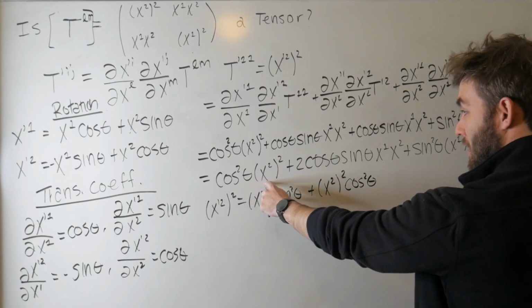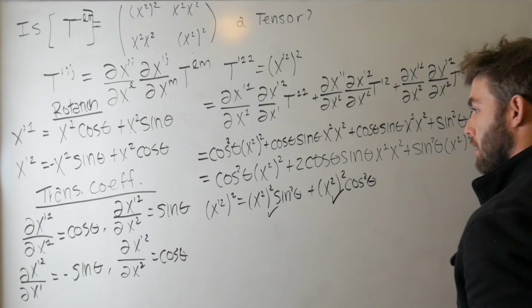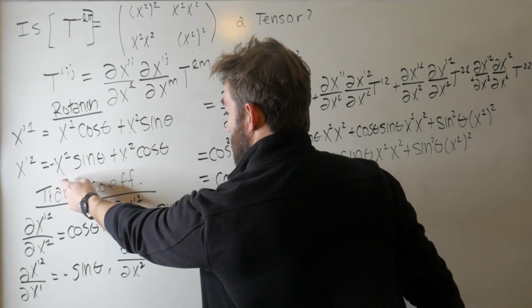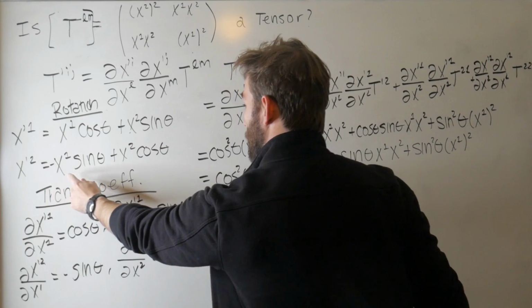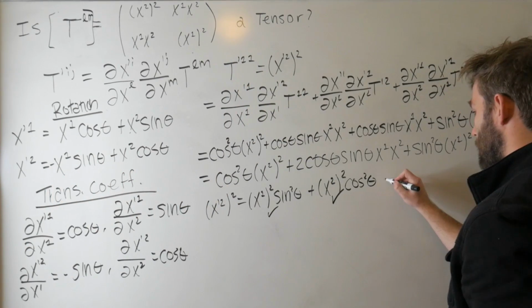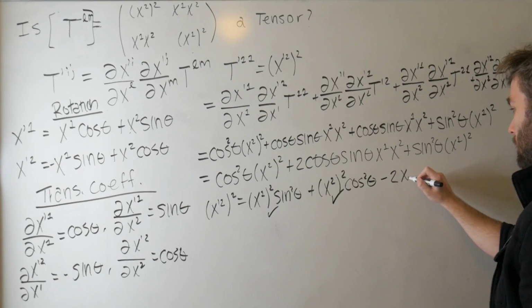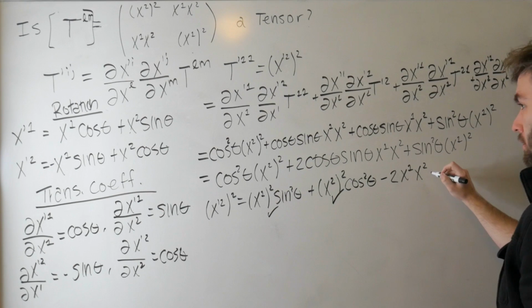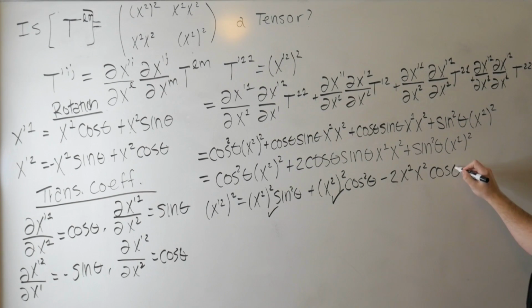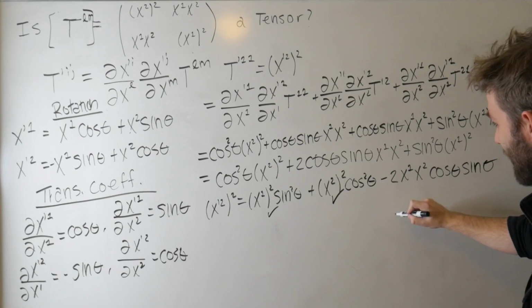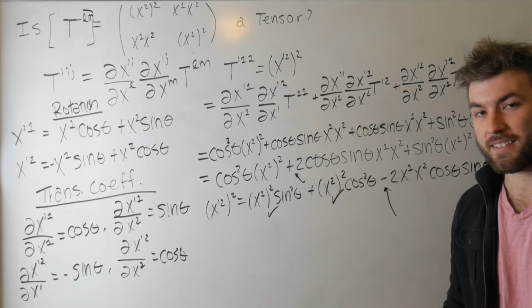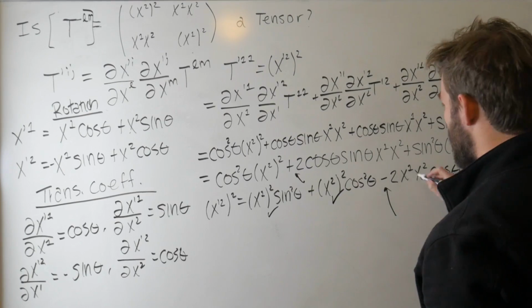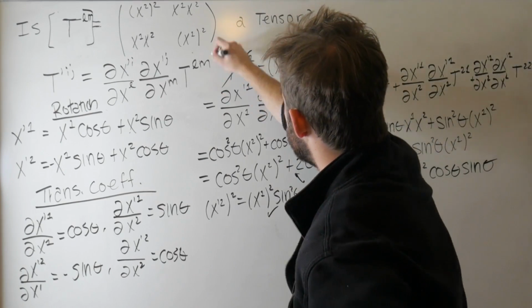And that matches perfectly, looking good. And then we've got minus, because we've got a minus and a plus here, so we've got minus 2 x1, x2 cosine theta, sine theta. And there it falls apart. Just like that, we've got a minus sign here, we've got a plus sign here. The left-hand side does not equal the right-hand side. This is not a tensor.